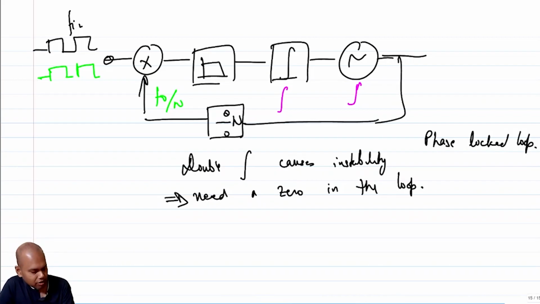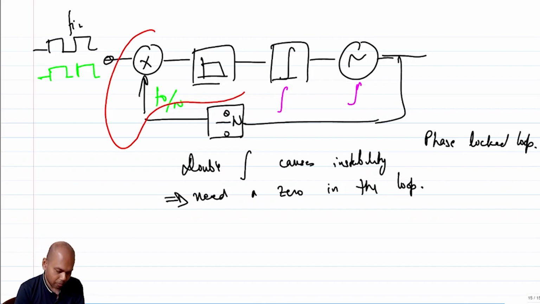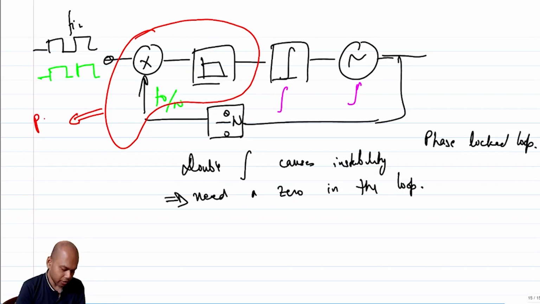The final thing that I would like to also mention is that this is not the most popular configuration of PLL. The typical PLL configuration requires a phase and frequency detector. So these things are combined into something called a phase and frequency detector, or a PFD, correct?